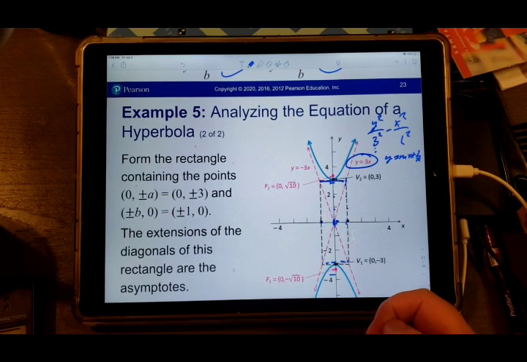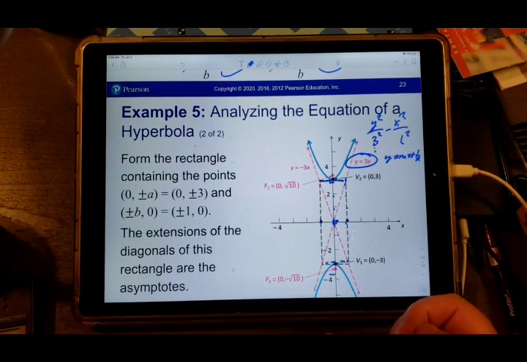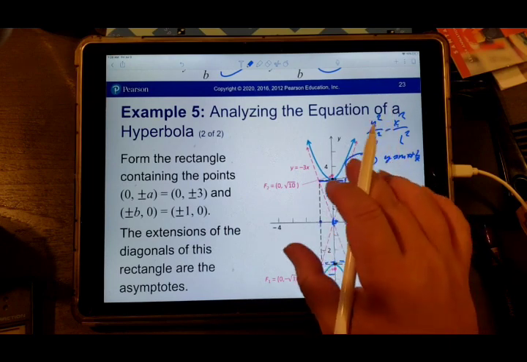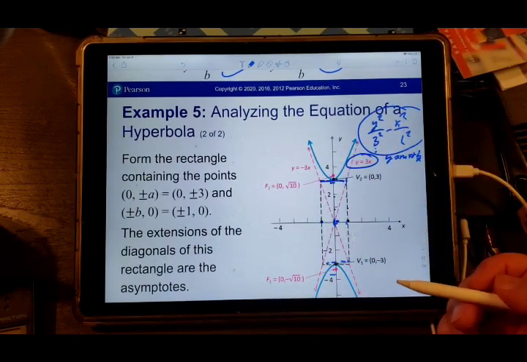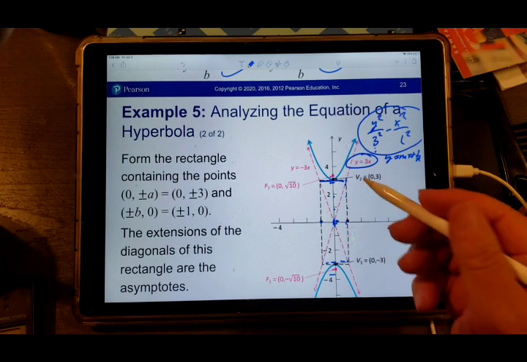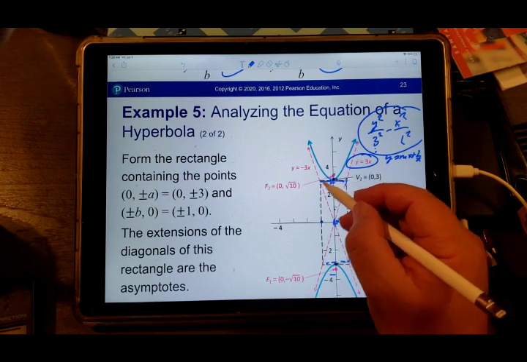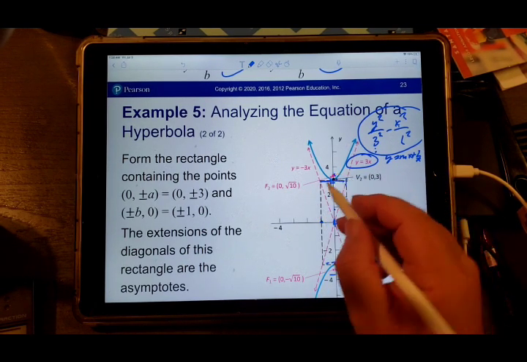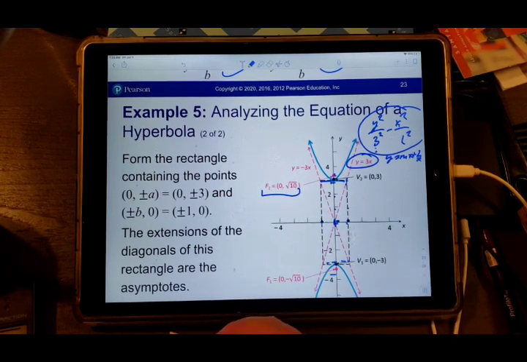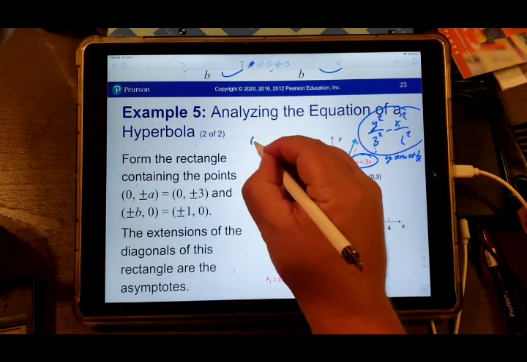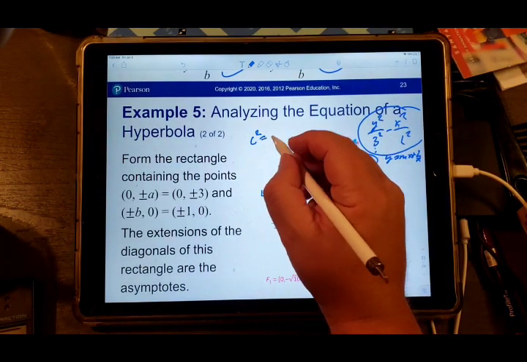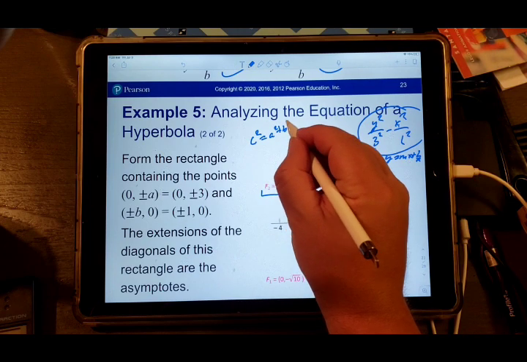All right. So we have everything except, I just went straight from here to essentially this picture, except for the foci. What's the focus of this particular problem? Well, you got to find c.